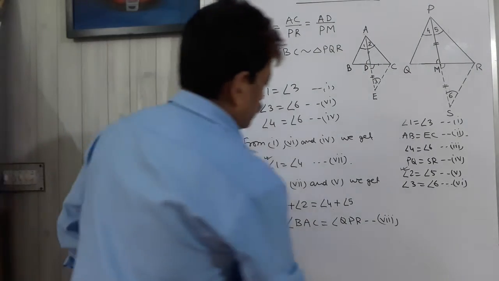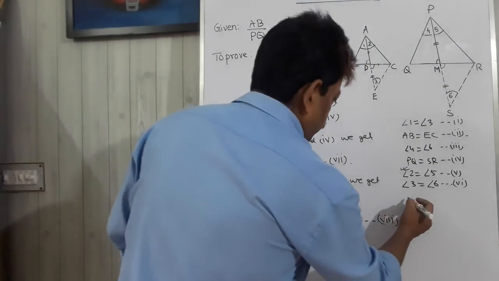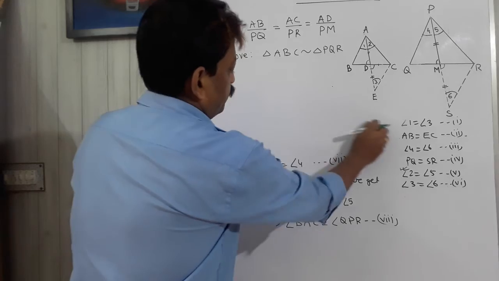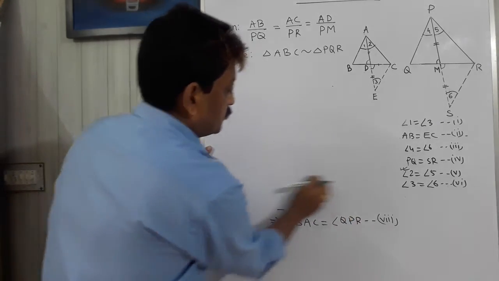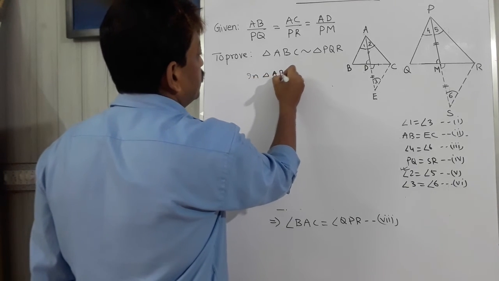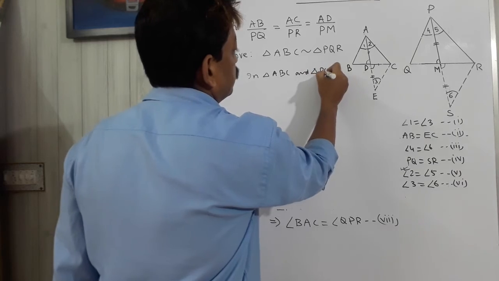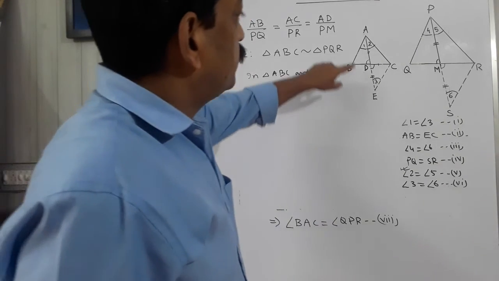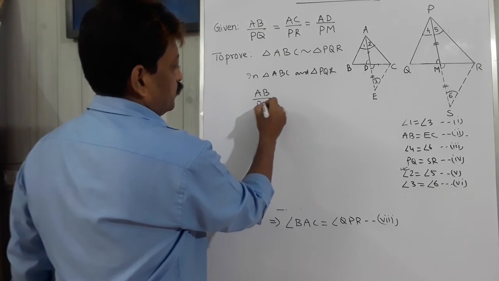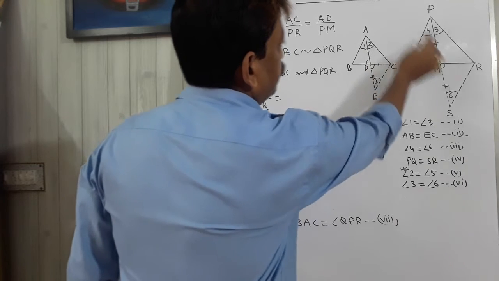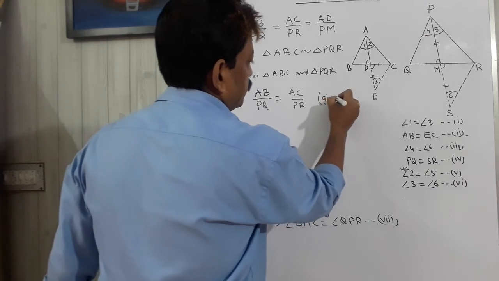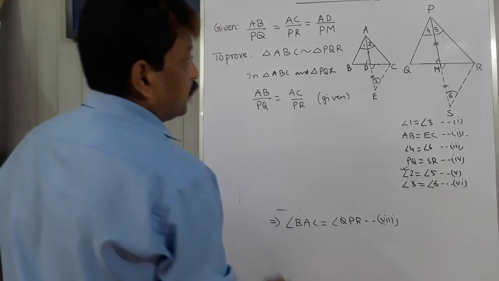Okay. So now, this is equation number 8. Let me prove now. In triangle ABC and triangle PQR, what are the things we are getting equal? AB upon PQ equals AC upon PR. This is given in the question. Now let me rub the whole thing.